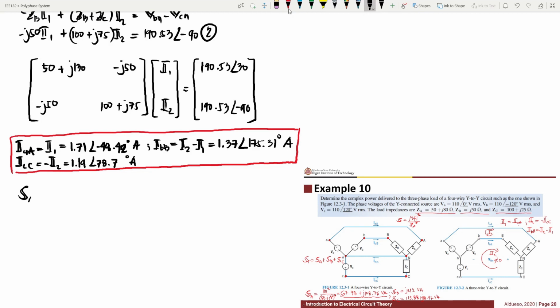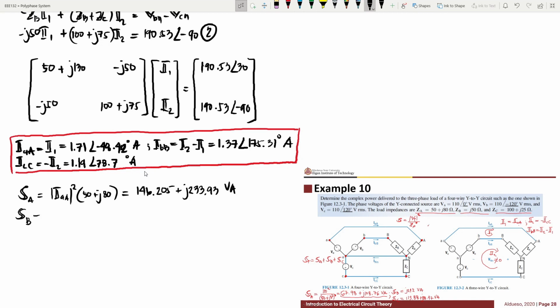For phase A, it is equivalent to the magnitude of IAA squared times ZA, which is equivalent to 146.05 plus j233.33 VA.